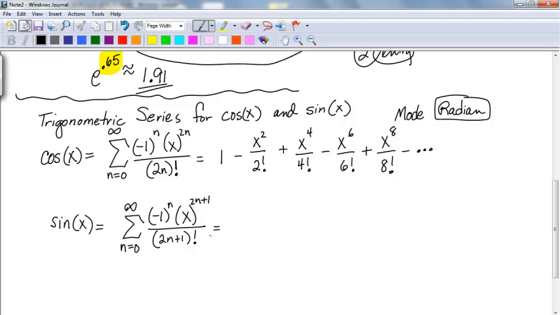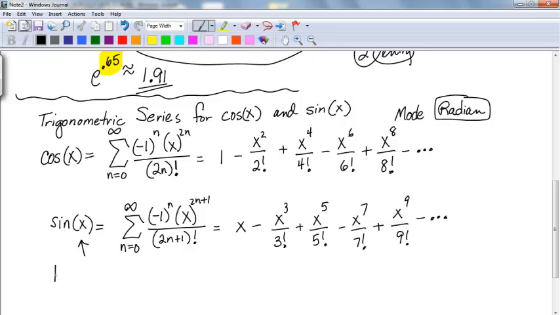If we expand out the sine, the first term is x minus x to the third over 3 factorial plus x to the fifth over 5 factorial minus x to the seventh over 7 factorial plus x to the ninth over 9 factorial. And then you need a minus and a dot, dot, dot. And these have to be in radians.